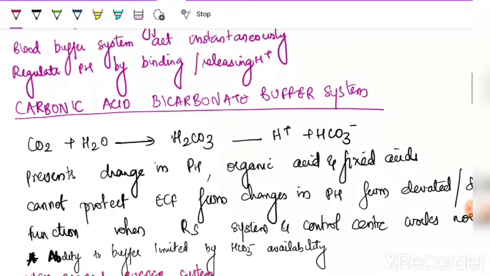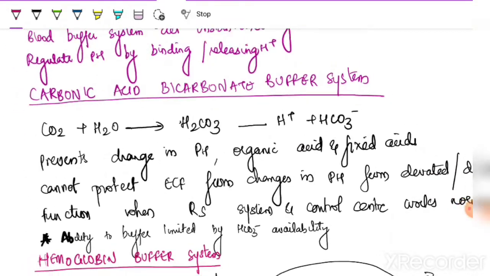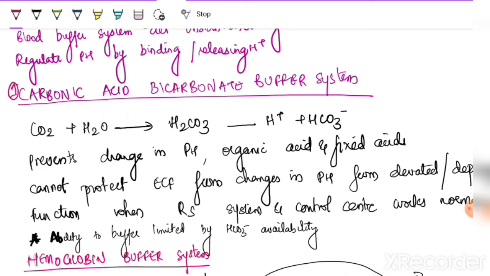Now, the carbonic acid bicarbonate buffer system is the first buffer we are speaking of. The CO2 will combine with H2O to form H2CO3. This H2CO3 will produce H plus and HCO3 minus.